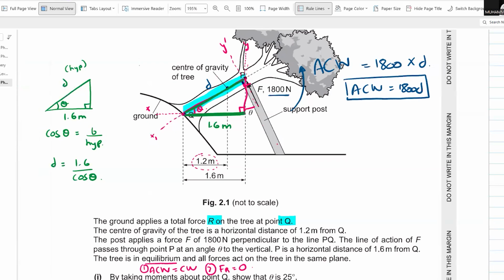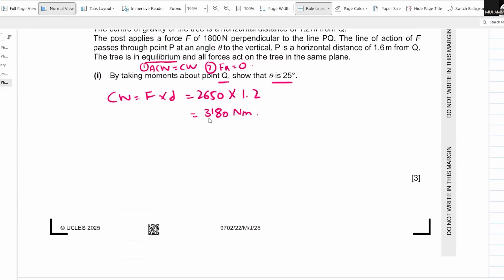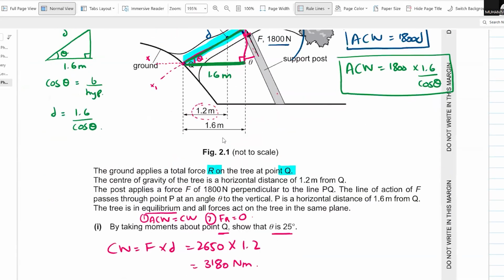Let's do it to get the anti-clockwise moment. Anti-clockwise moment is equal to 1800 into, what is the value of D? 1.6 divided by cosine theta. This is your anti-clockwise moment. This is your clockwise moment. Let's equate both of them.